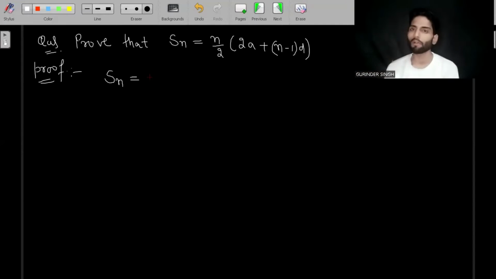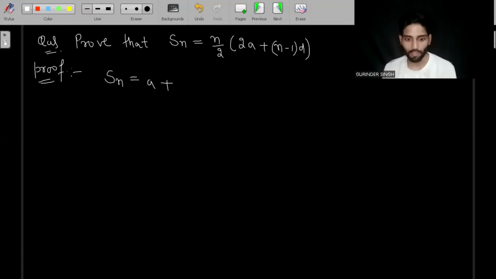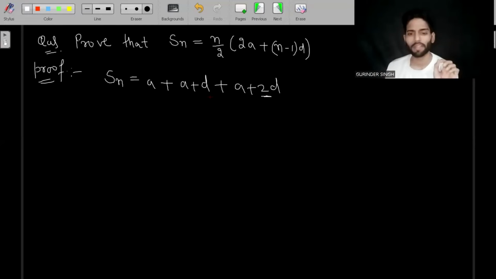First term of AP is a, second term is a plus d. Third term of AP is a plus 2d. One term is decreasing, so the fourth term is a plus 3d, right?